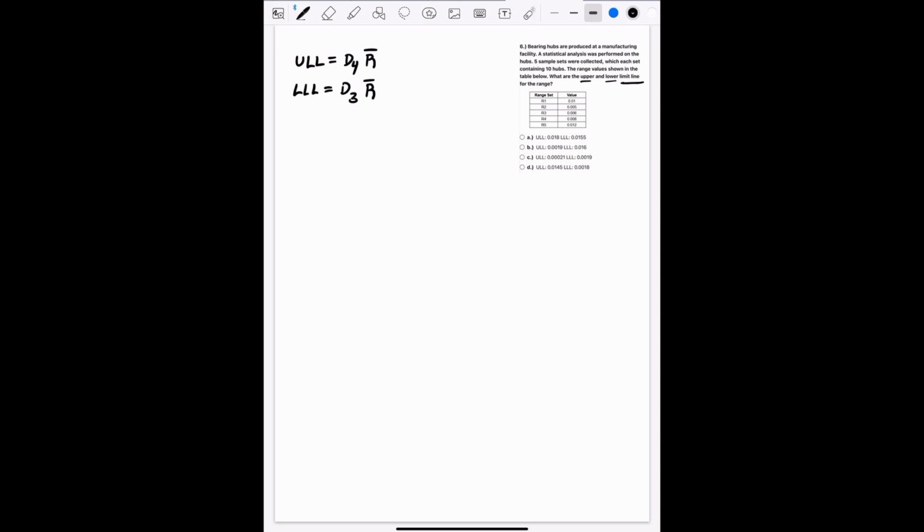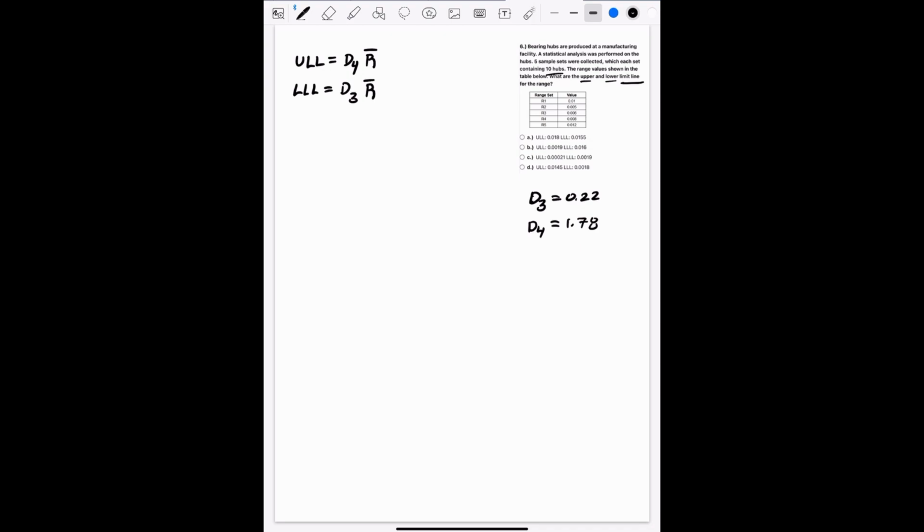And the D3 and D4 values are simply something that you can look up based on how many items are in a sample set. So in this case, there's 10. So for a sample size of 10 in each set, D3 is equal to 0.22 and D4 is equal to 1.78. Okay, so we have that.